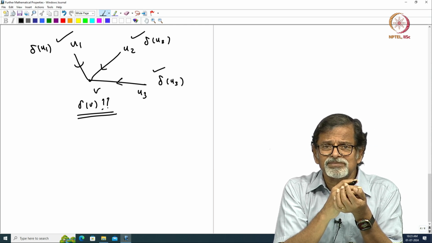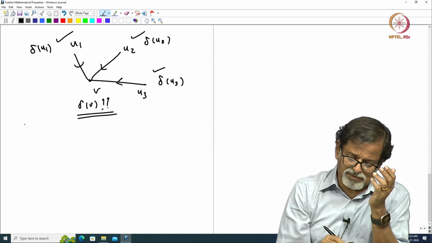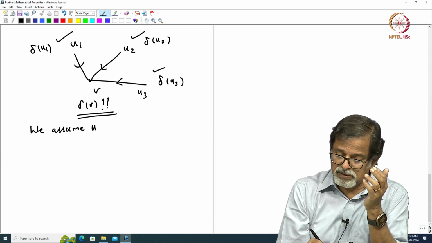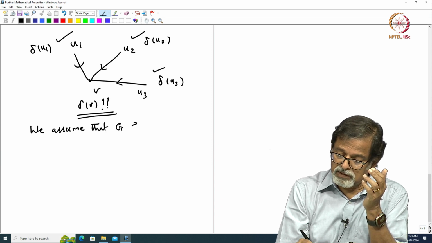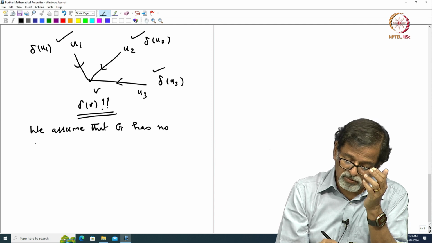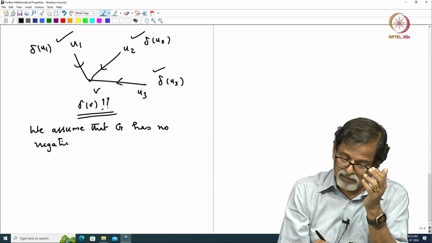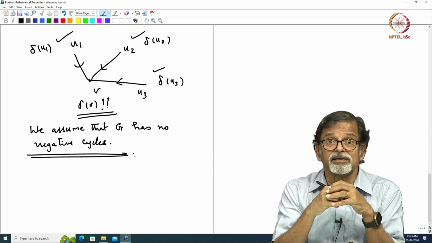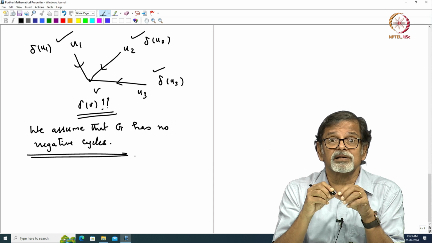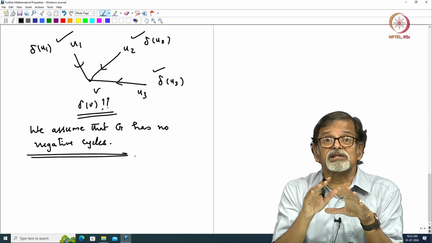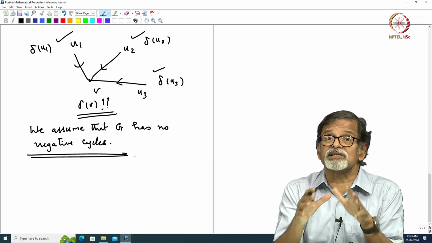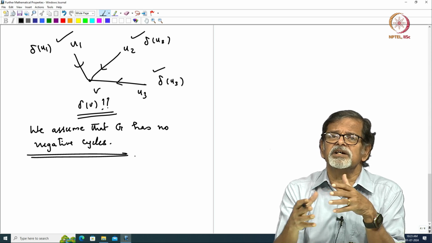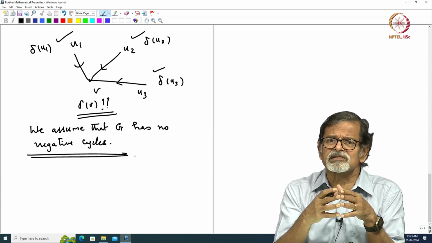Okay? So, we assume that G has no negative cycles. In fact, we can show that no efficient algorithm is likely to exist if G has a negative cycle. If G has a negative cycle, then finding the shortest paths and shortest path distances is NP complete.